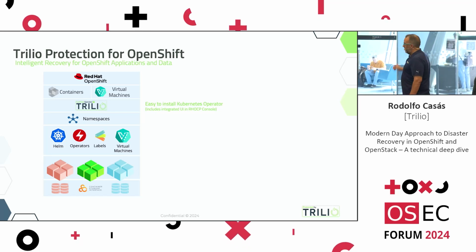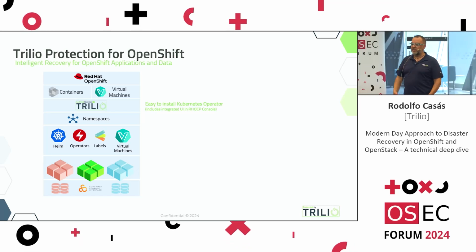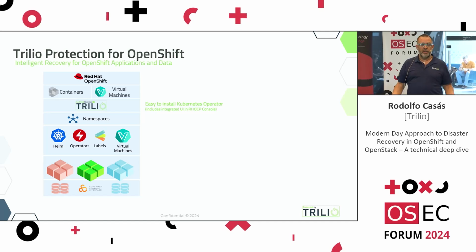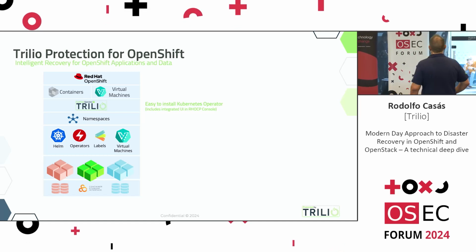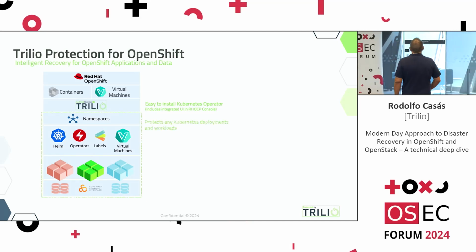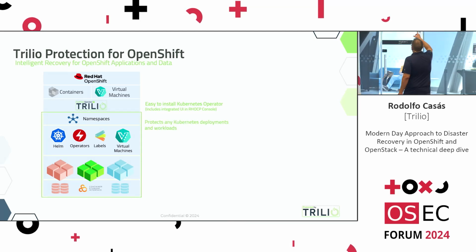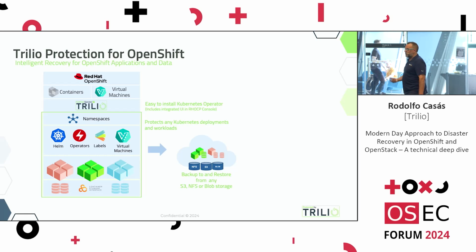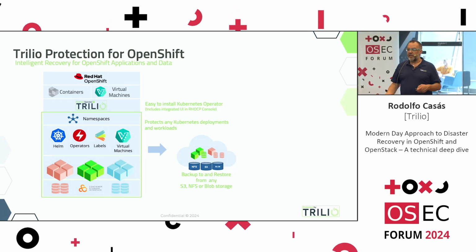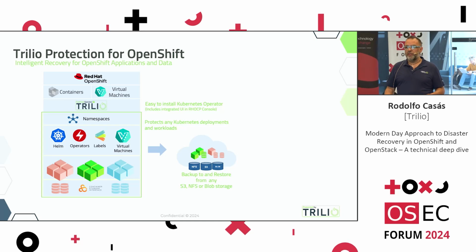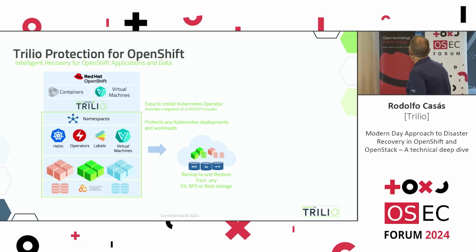We can also protect KubeVirt, OpenShift Virtualization, which is huge now because of Broadcom, okay? So a lot of workloads are coming big size to OpenShift, right? And all of that, we can put those backups in S3 or NFS, okay? Other tools only can do it to S3. We can do S3 with object locking, of course, and NFS, okay?